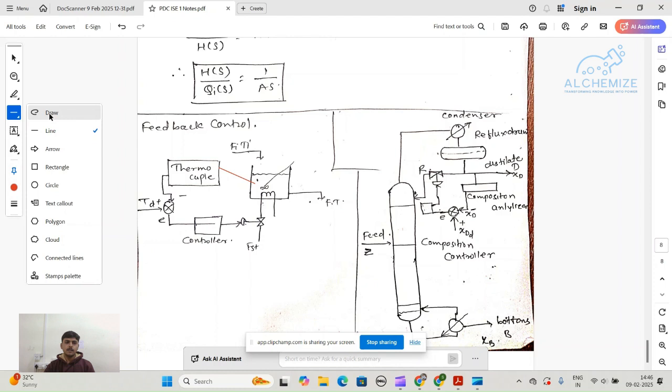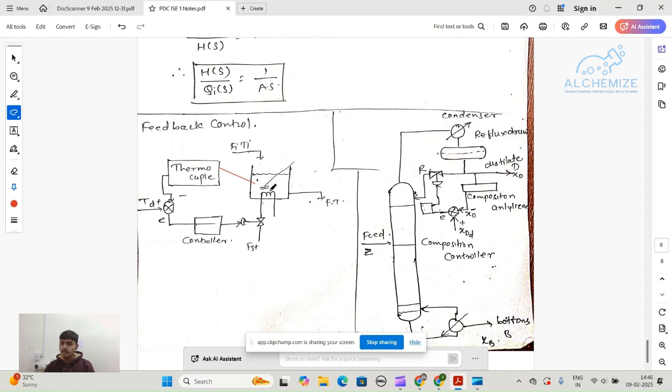So now it is ready. Here we will first measure with the thermocouple. The thermocouple will measure the temperature of the system.